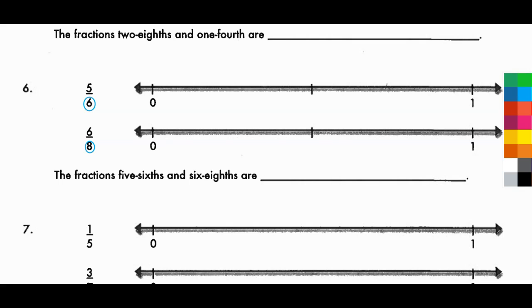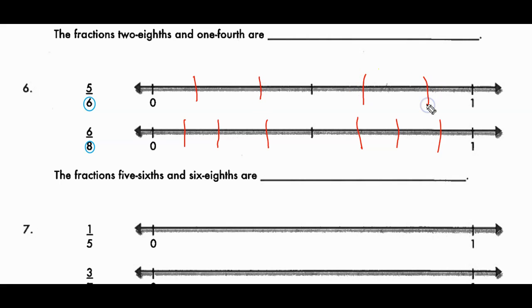So for 6/8, I need to divide this into 8 sections, and divide each section into thirds. So I need to put 2 lines just like that.